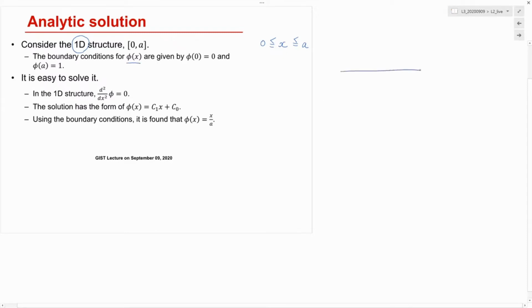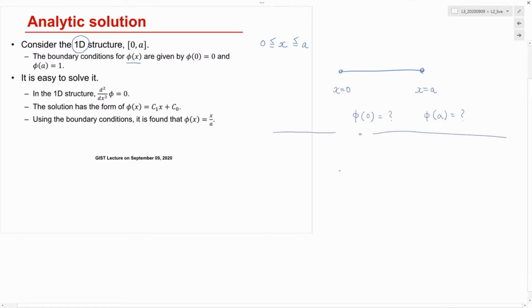Here, if we have a one-dimensional structure, then there are only two boundary points, x equal to 0 and x equal to a. So in this 1D problem, we have to specify what and what. This is enough for our boundary condition.